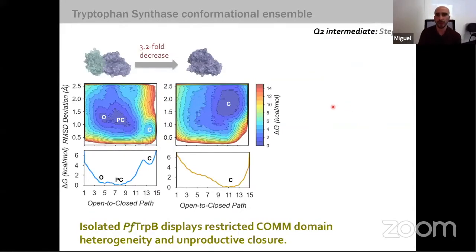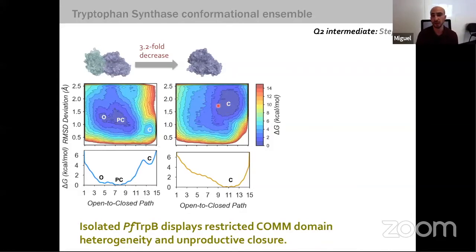We continued the analysis on the Q2 intermediate for the isolated system. In comparison with the complex, we observe very restricted COM domain conformational dynamics, where only one local energy minimum is found.